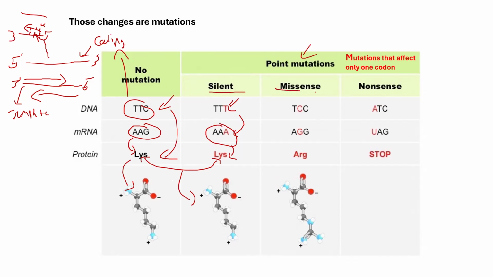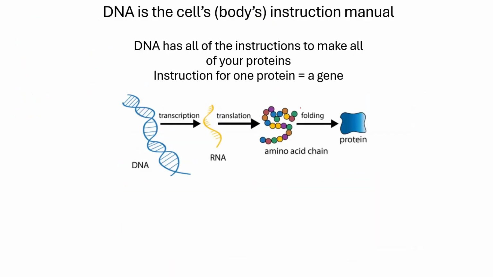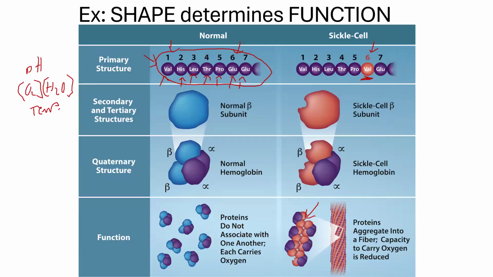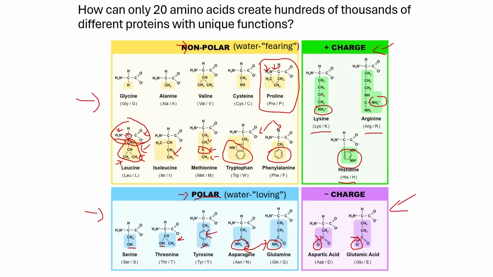Next, we have missense mutations. Missense mutations have two different kinds. There are conservative mutations, and there are non-conservative missense mutations. Conservative mutations, if I can go back here really quick, occur when you are basically changing an amino acid to something that's very similar.